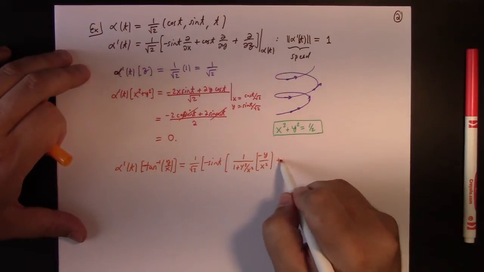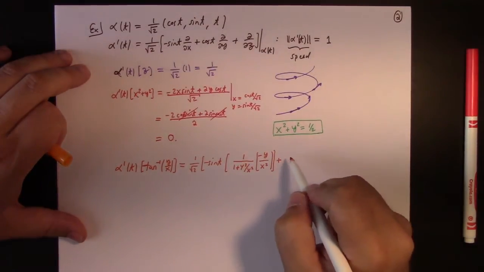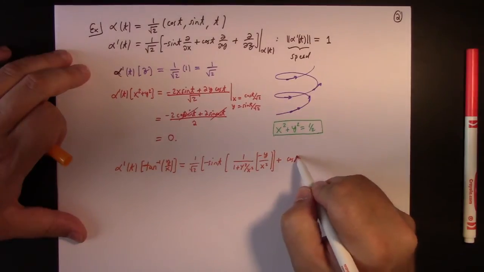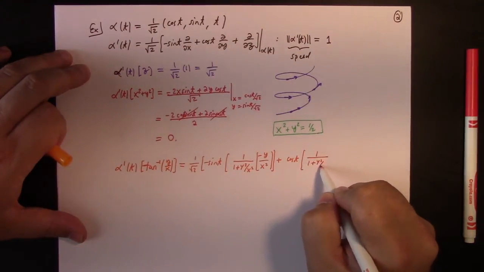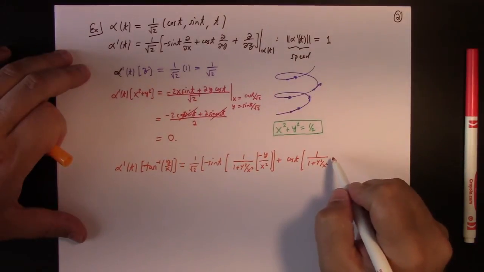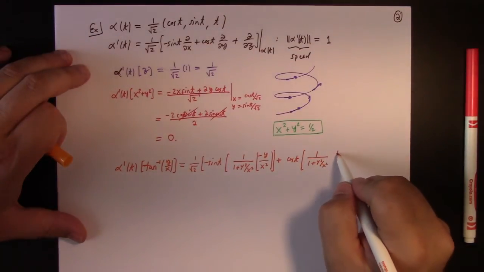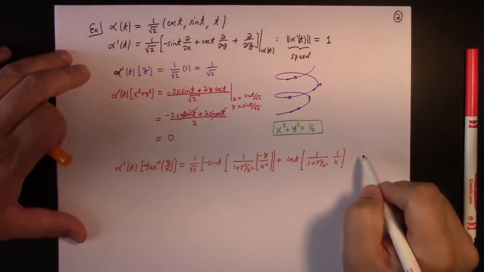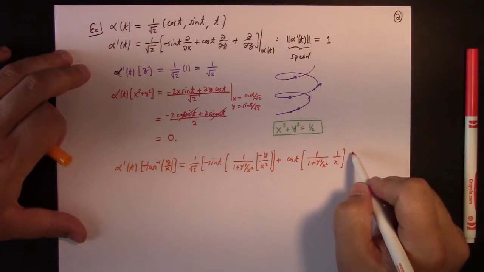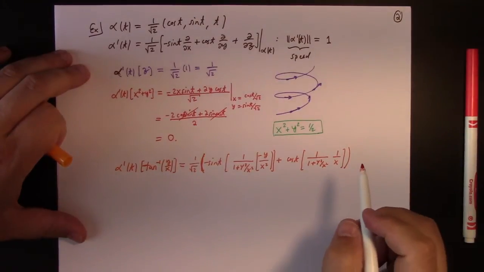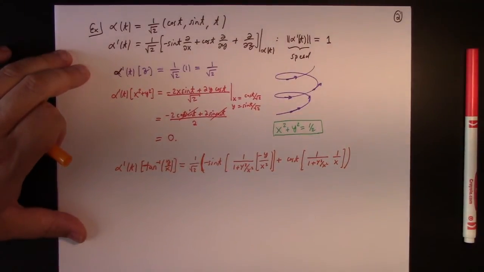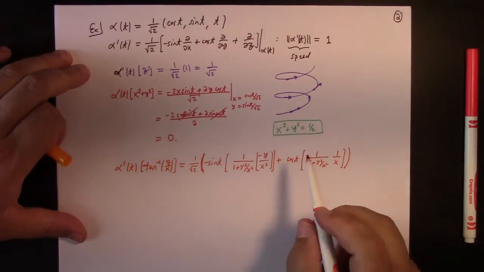And then plus cosine t, open my big parentheses, 1 over 1 plus y squared over x squared. And differentiating y over x with respect to y, I get 1 over x, right? Okay, great. And let's see here, close these.